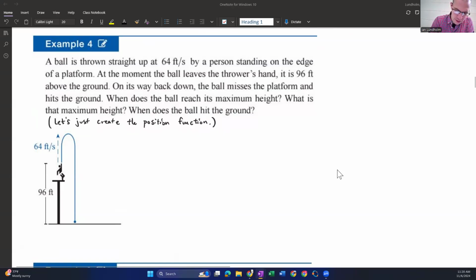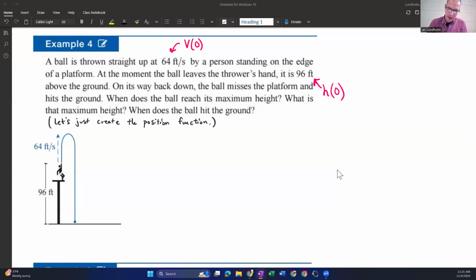I might go ahead and label these things. If I'm labeling an initial velocity, that would be like the velocity function evaluated at 0. Then this one would be the position function evaluated at 0. Position, we can go ahead and give that h for height because we're measuring how high this ball is up in the air.